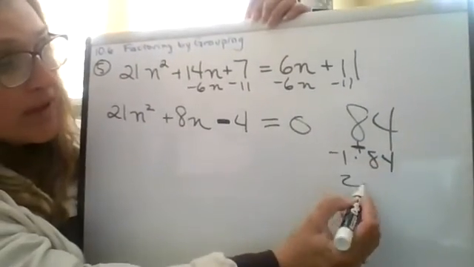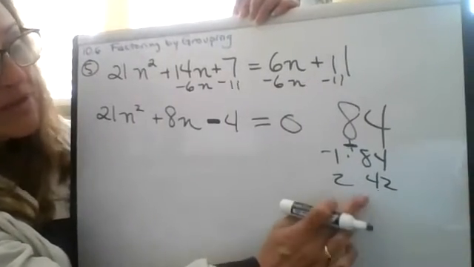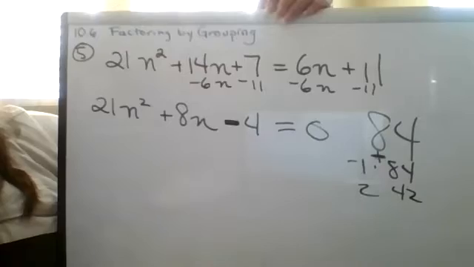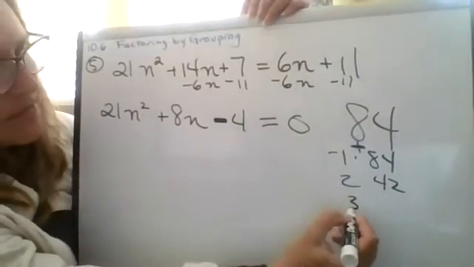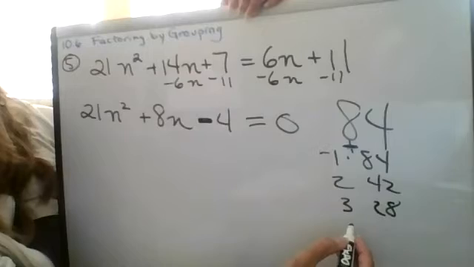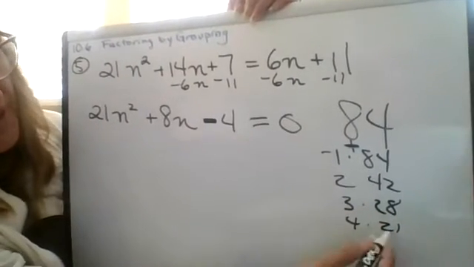So I could keep going. I could be like 2 times 42. That doesn't matter. When I subtract those, I'm still at 40. I'm way off still. So let me see. 3 times 28, I'm still way off. If I subtract those, I'm at 25. And 4 times 21, I'm still too high.